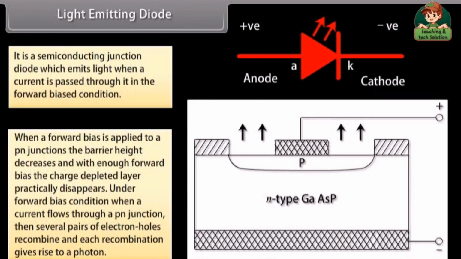When a forward bias is applied to a PN junction, the barrier height decreases, and with enough forward bias, the charge-depleted layer practically disappears. Under forward bias condition, when a current flows through a PN junction, several electron-hole pairs recombine, and each recombination gives rise to a photon.